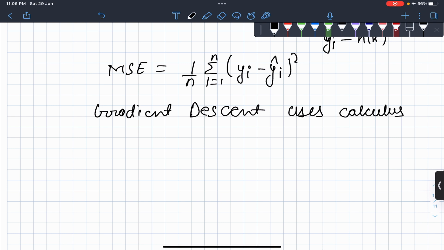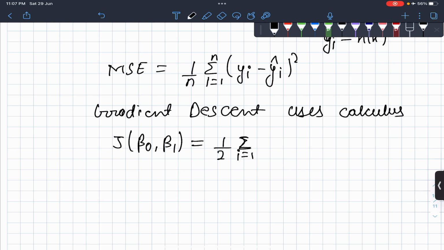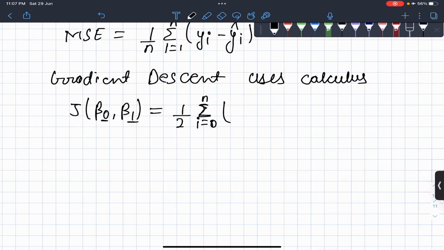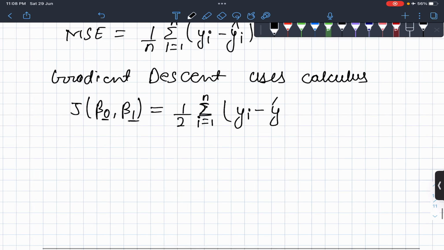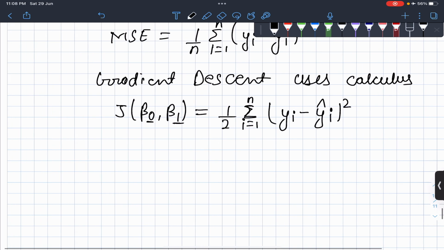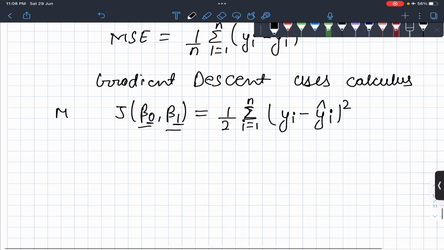The MSE is the sum of (y minus y hat i) squared. This is our MSE for both beta 0 and beta 1.